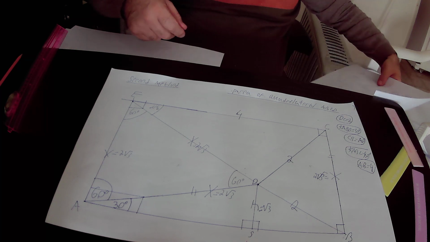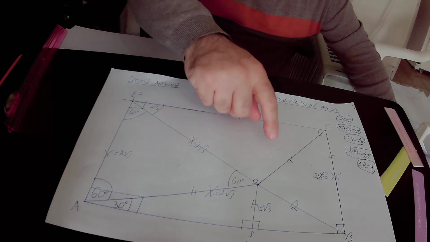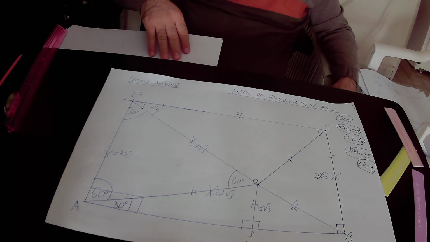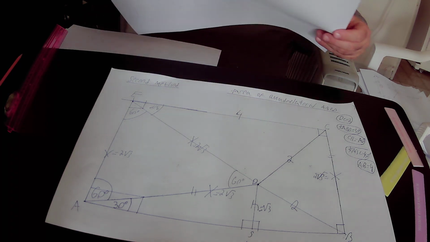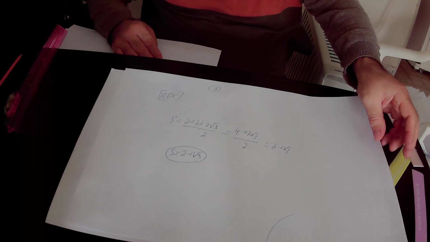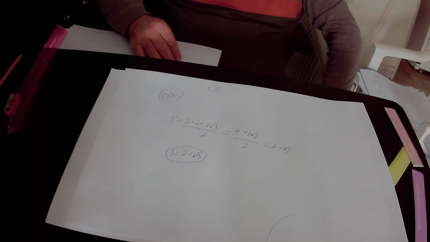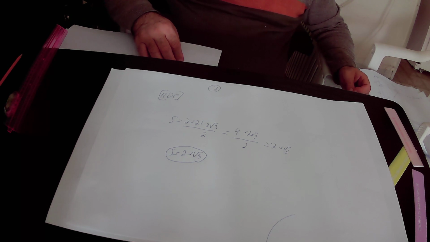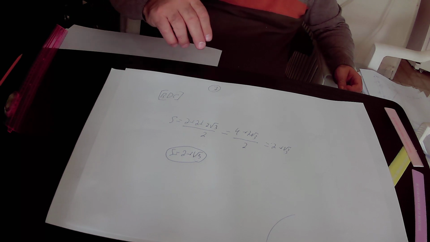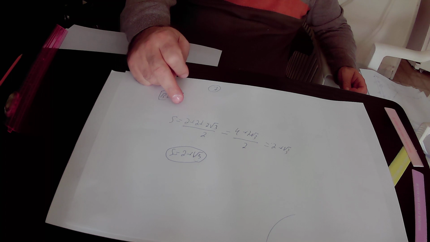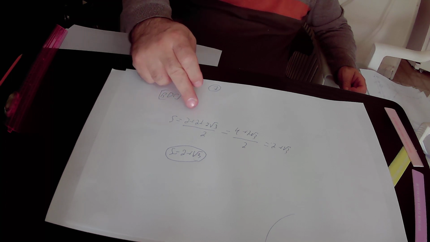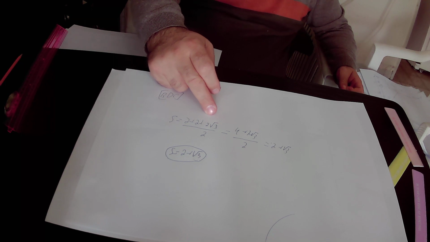Then we find the area of triangle DBC by using a special formula. First of all, we find the semi-perimeter of triangle DBC. The semi-perimeter equals the perimeter over 2. The perimeter of triangle DBC is 2 plus 2 plus 2 times square root of 3, that is the sum of its sides.